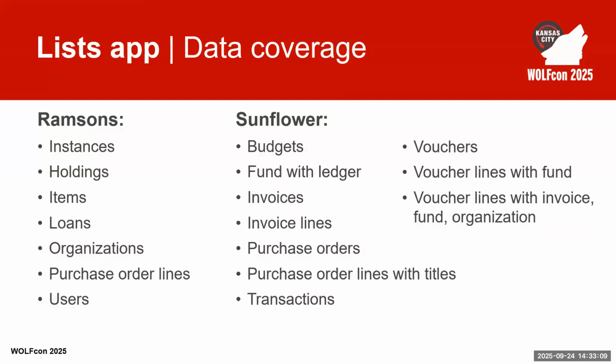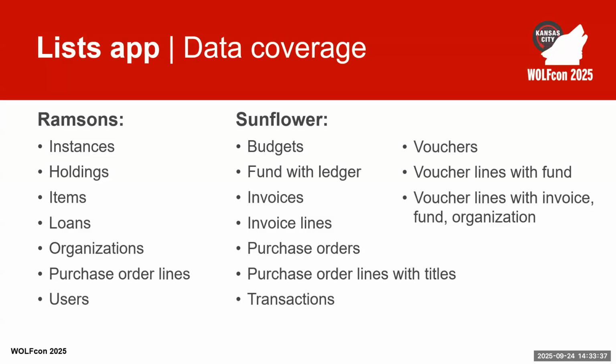What the Lists app does is it allows you to create lists of different types of records. What I have up on the screen currently is just to give you a high-level idea of the type of records that you're able to create lists of. In the Ramson's release as the left column, and then Sunflower, we have added all of the additional record types in the middle and right column.